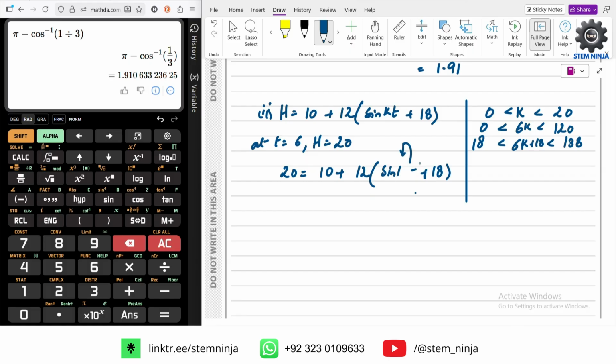Actually, let's write over here 6k. So this means that the sine of (6k plus 18) is 20 minus 10, which is 10 over 12, which is 5 over 6.